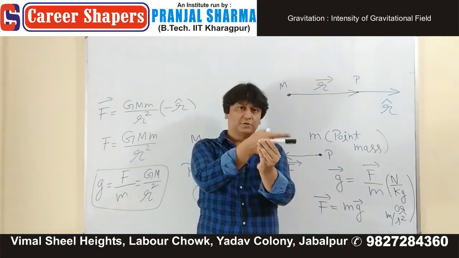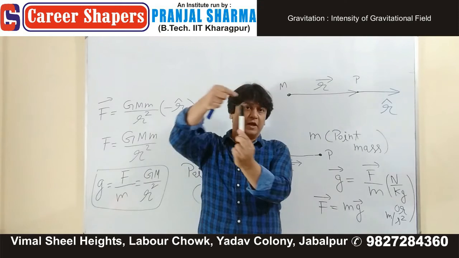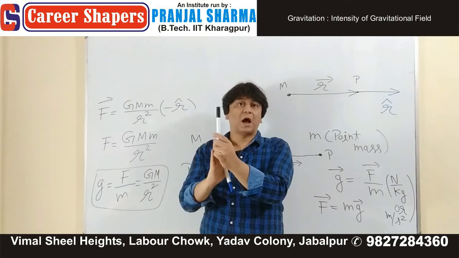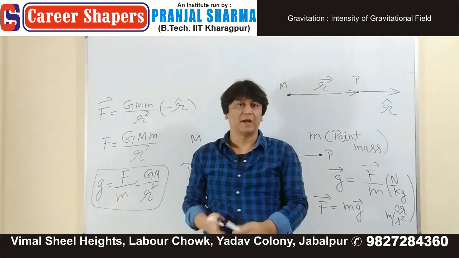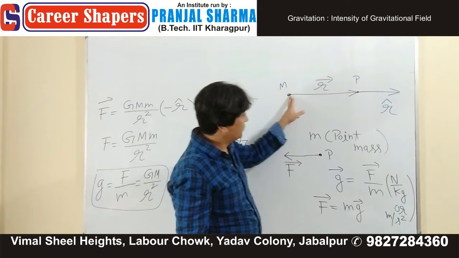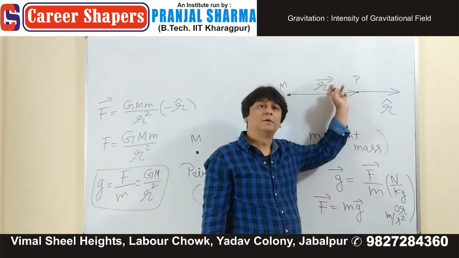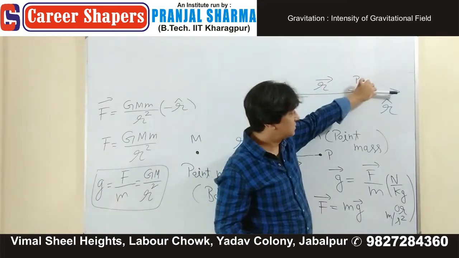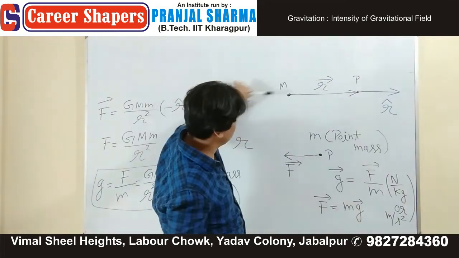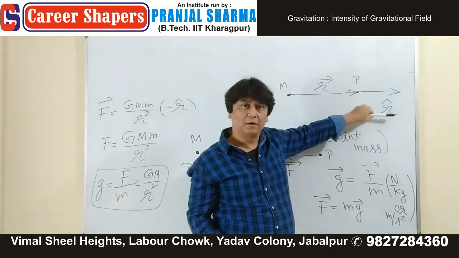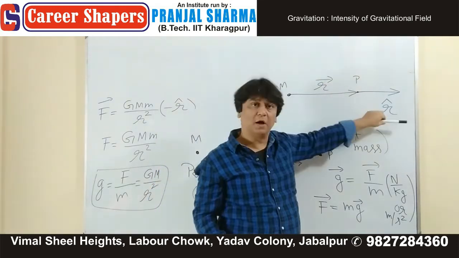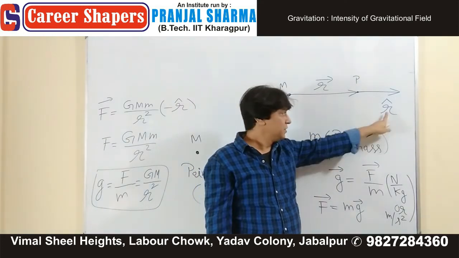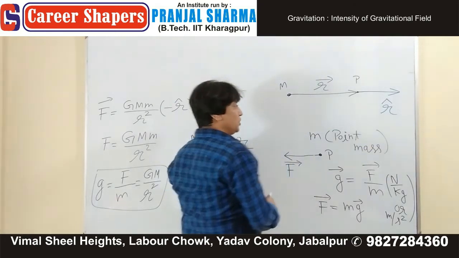If instead you are interested in finding gravitational field or force at this place, then your r cap will be simply j cap. From this position to this position, this is r vector. Any direction which is parallel to r is given by a unit vector. This r cap is a unit vector.